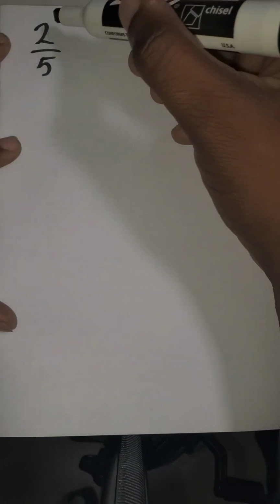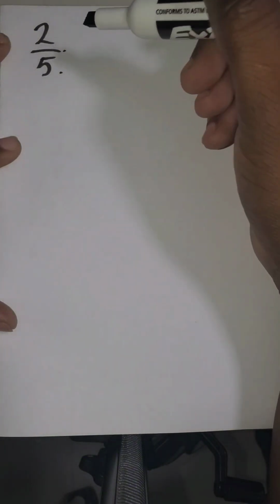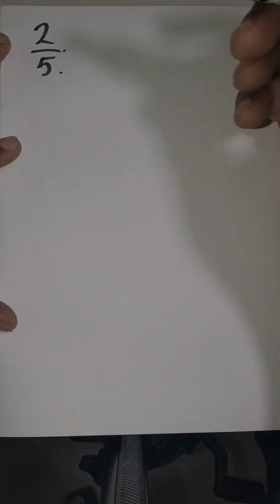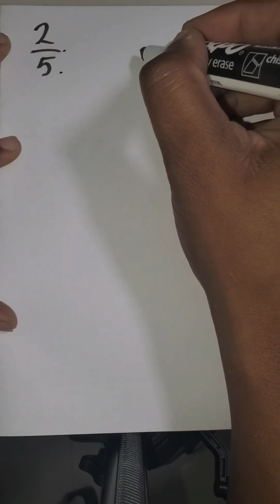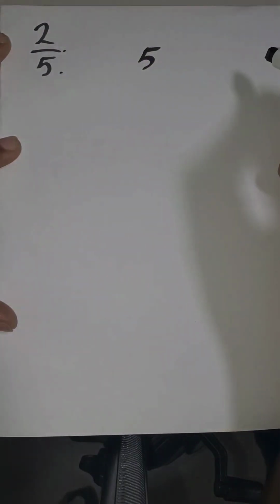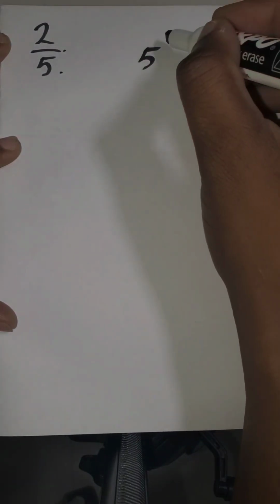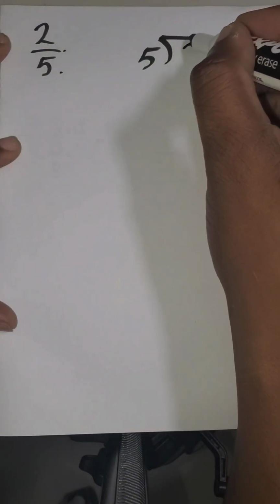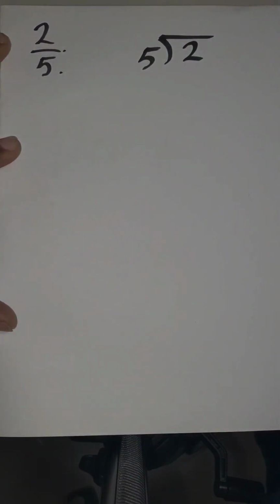If I'm asked to change 2 over 5 into a decimal, I can think about 2/5 as 2 divided by 5. Again, the slash means divide. That means my 5 is outside if I'm putting it into long division fashion, and my 2 is on the inside.